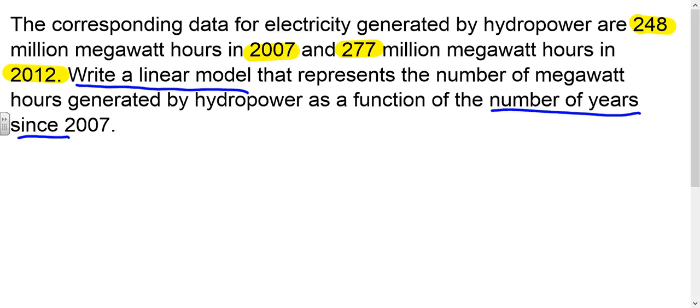So how many years after 2007 is the year 2007? Well, it's the same year, so that would be 0 years after. How many million megawatt hours did they have? Those are like coordinates for us, like an input and an output, an x and a y.